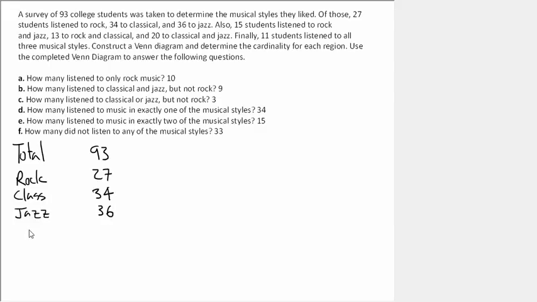All right. And then we have the pairs of types of music that students listen to. Okay, so we have 15 rock and jazz. We have 13 to rock and classical.